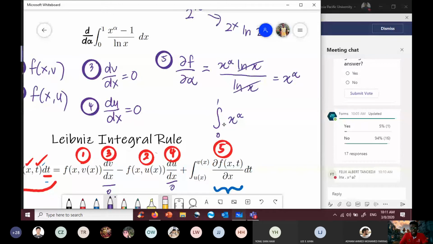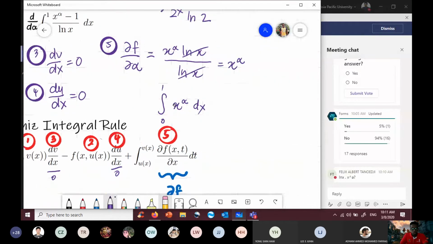So the inner variable is x. What do we get if you integrate x to the power of something? For example, x squared, if you integrate, you're going to get x to the power of 3 over 3. So if you integrate this, I'm going to get x to the power of alpha plus 1 over alpha plus 1, from 0 to 1.